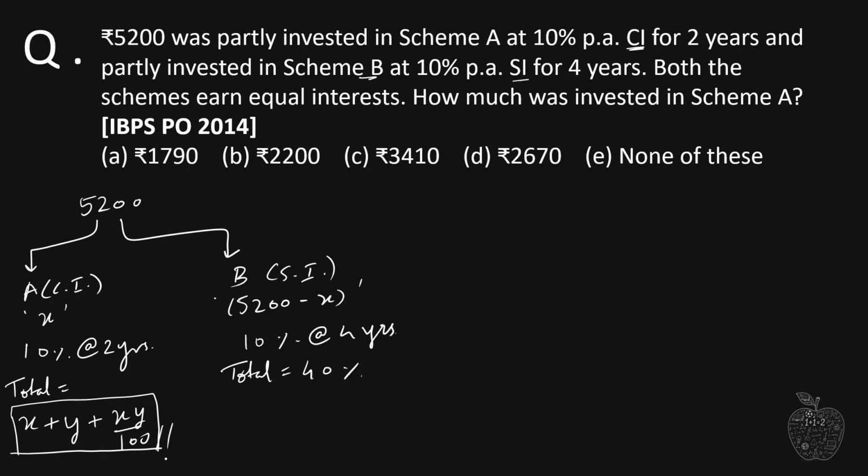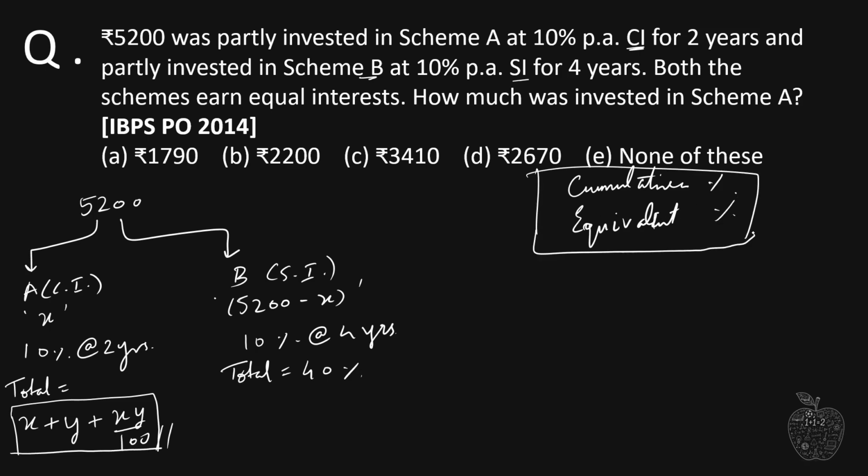If you are not aware of this formula, go on YouTube and search for cumulative percentage, or you can also search for equivalent percentage and look up the videos for these two topics and you will get to know how this formula is derived. I'm not going to show it to you in this video, but you can search for these on YouTube and learn about this.